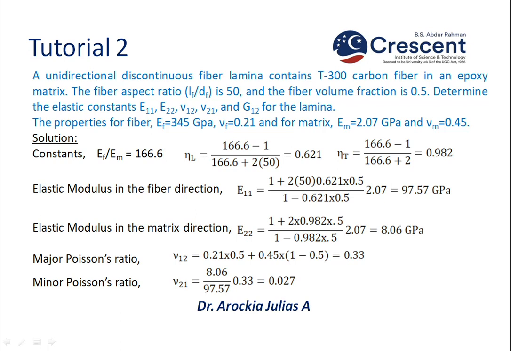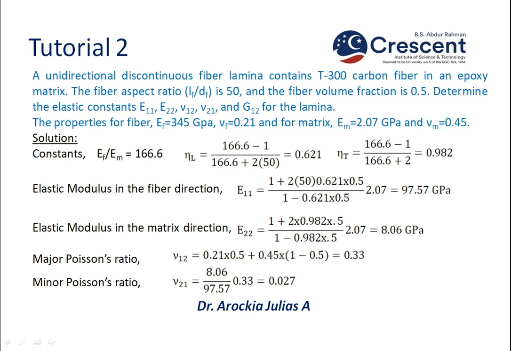So see the difference between E11 and E22, there is a huge difference, right. Now major Poisson's ratio, again direct substitution, nu12 equal to 0.21 into 0.5 plus 0.45 into 1 minus 0.5. So the formula is nu F Vf plus nu M Vm.